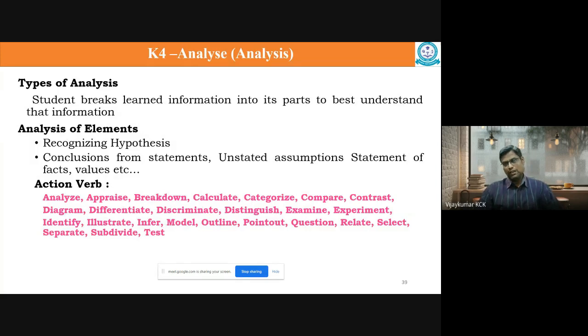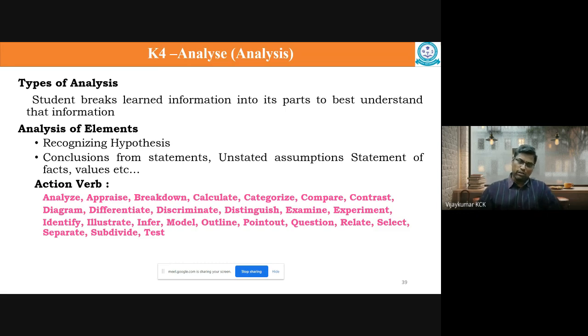So next is analyze. Earlier it was analysis, now we call it analyze. Here students try to apply the learning outcome in terms of recognizing the hypothesis, and finally they have to make a statement whether this particular thing is right, that is, when we apply this concept, what the outcome is.